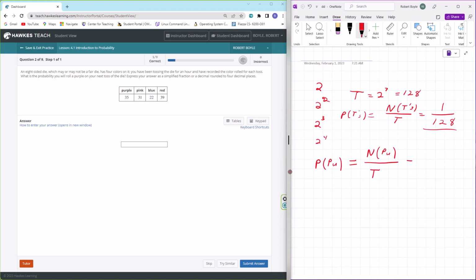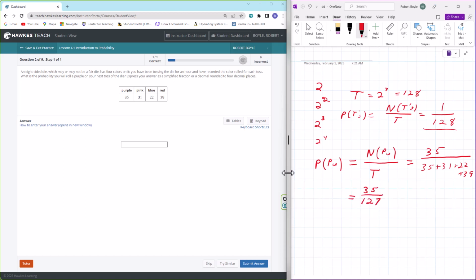Okay, so that will be 35 divided by 35 plus 31 plus 22 plus 39. I guess I should have given myself a little more room there. It turns out the denominator sums to 127. So we will have 35 divided by 127.